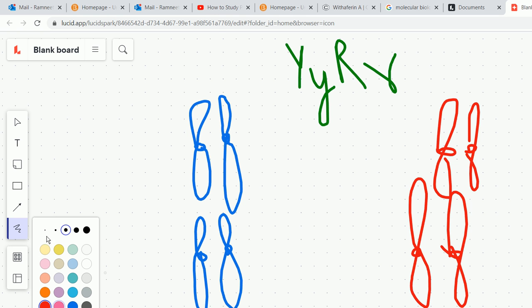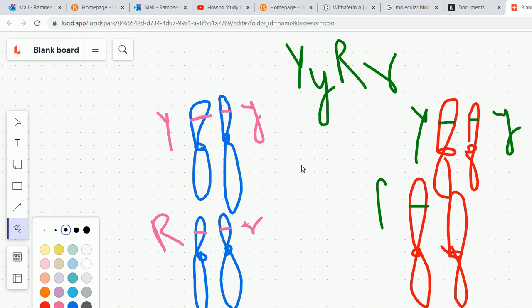Okay, so here is capital Y, here is small y, right? For the texture, they are heterozygous. Capital R, small r. For this plant also, capital Y, small y, capital R, and small r. Okay, now we have to see what kind of gametes they're going to form.